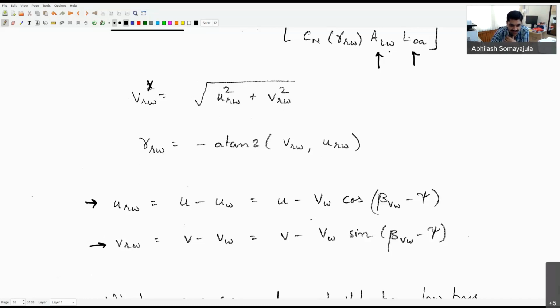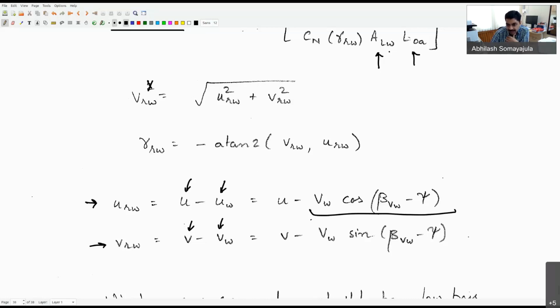So you have the body-fixed frame's velocity minus the wind velocity in the longitudinal direction of the ship, and similarly you have the sway velocity minus the velocity of the wind in the lateral direction of the vessel, and they can be expressed in terms of VW and beta VW.